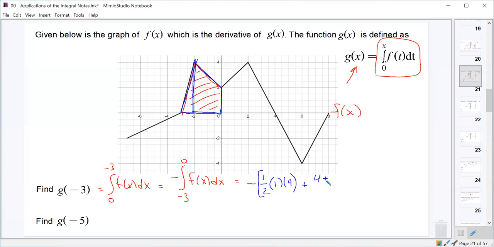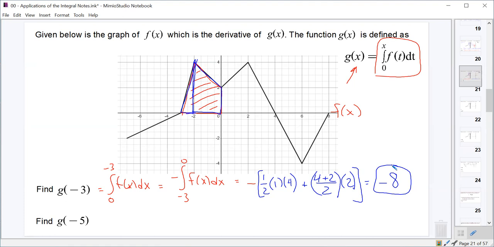It had a base of 4 and a base of 2, divided by 2 times the height of 2. And so we end up with negative whatever we've got inside of here, which is 2 plus 6. So we got -8. So the value of g of -3 here, when g of x is defined as the integral from 0 to x of f of t, is -8.